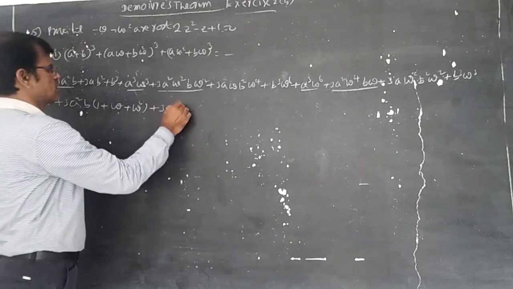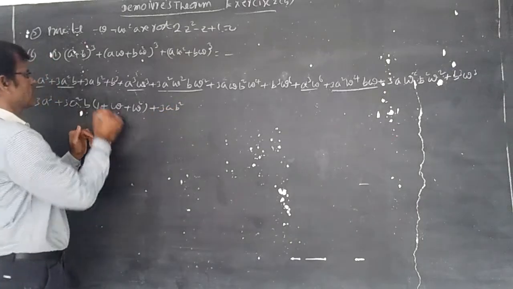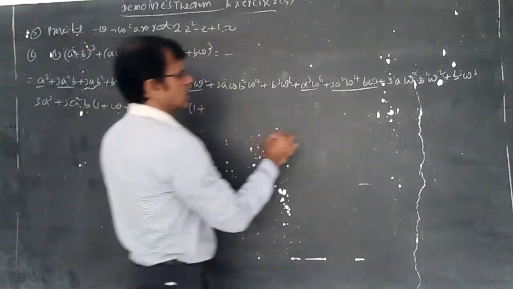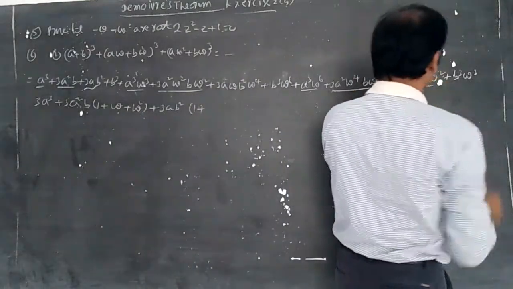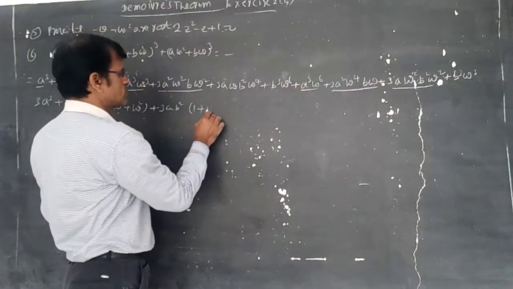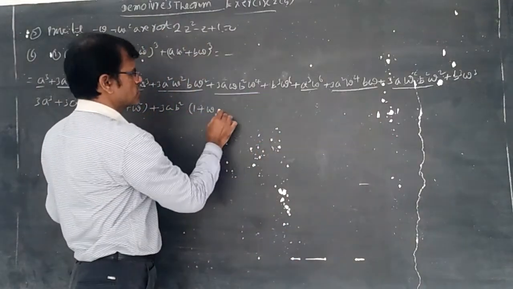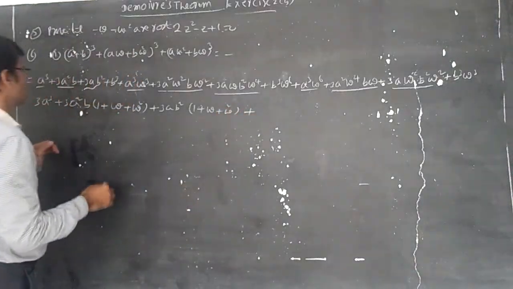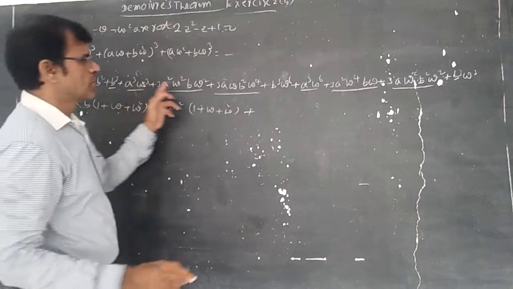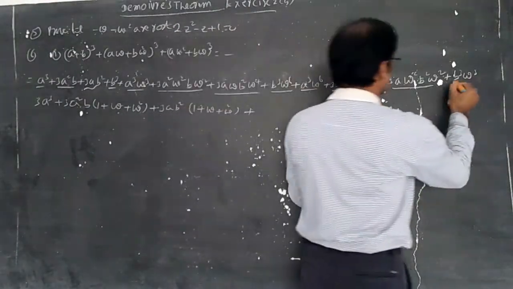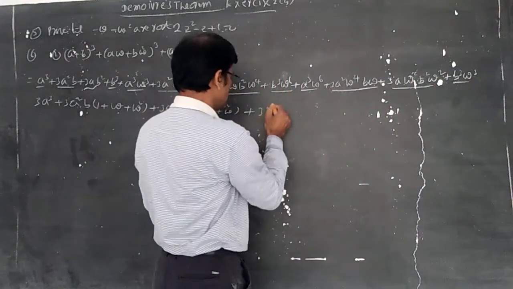Plus, once again you can take 3ab square common, this is 1 plus again 3ab square omega power 4 becomes omega, and 3ab square omega power 5 becomes omega square. Plus now b cube, this is b cube and b cube into omega power 6 and b cube omega cube. So it is 3b cube.